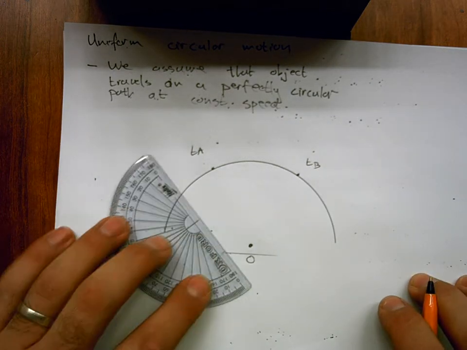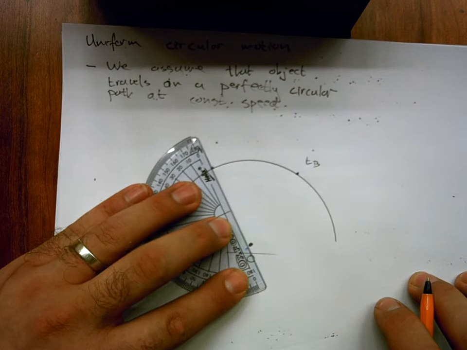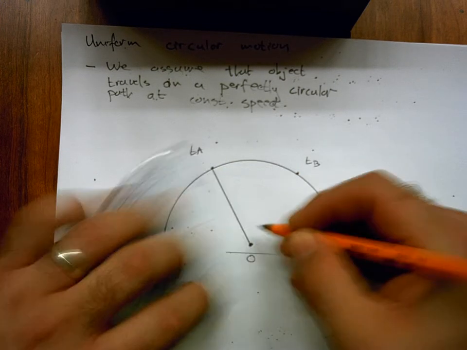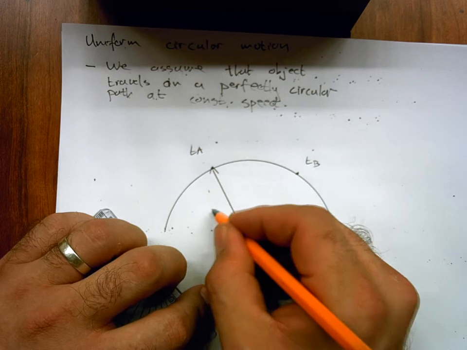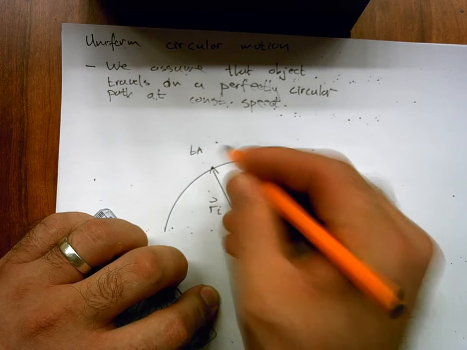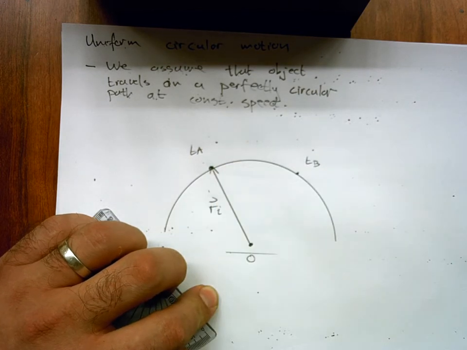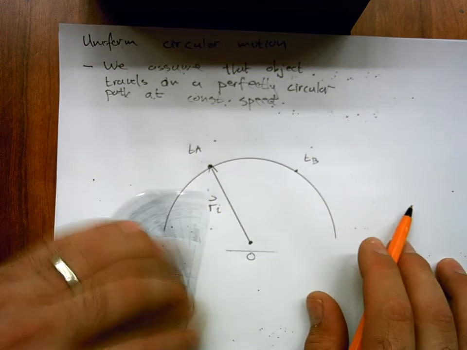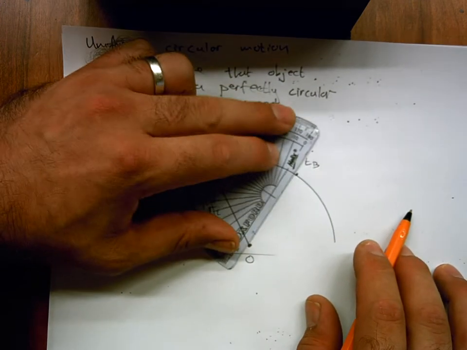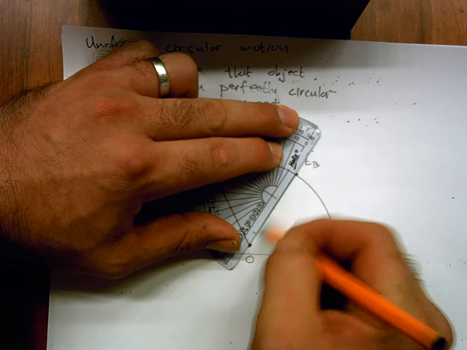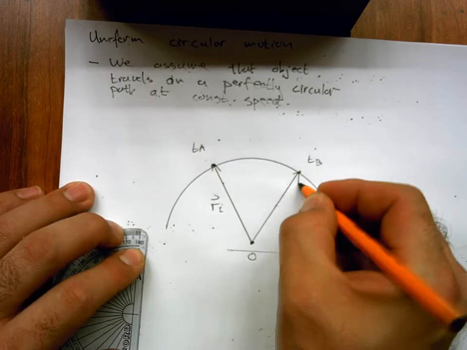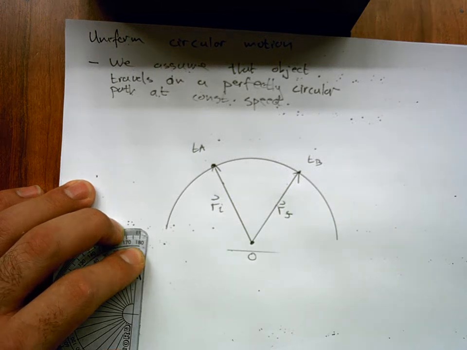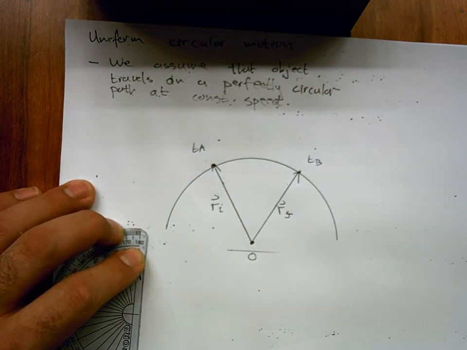Now, would you agree with me that I can describe its position with respect to the origin by this vector? So initially, the particle is over there, right? So that arrow just gives me its position at that time. And here, that just gives me its position at some later time.